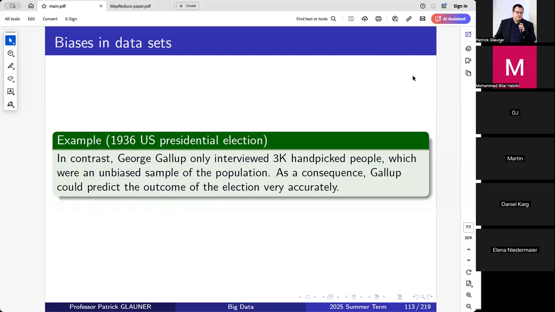And it turned out that in the same year, a person called George Gallup was active. And he predicted the outcome of the election very well from 3,000 interviews. He handpicked 3,000 people throughout the country. And with that, he could predict the outcome extremely well.